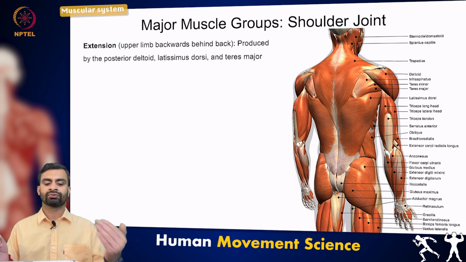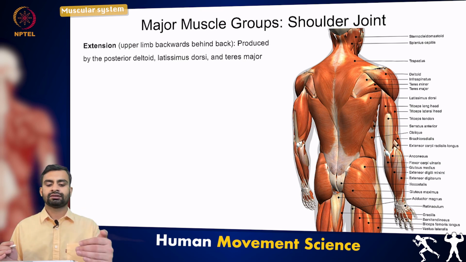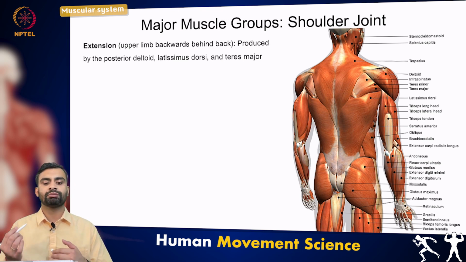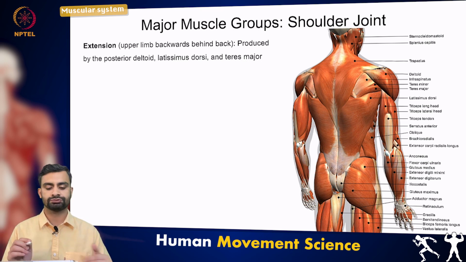And then in the following chapters, when you revisit the fundamental or anatomical movements, you will have a better understanding of how these muscles help in the production of those movements.